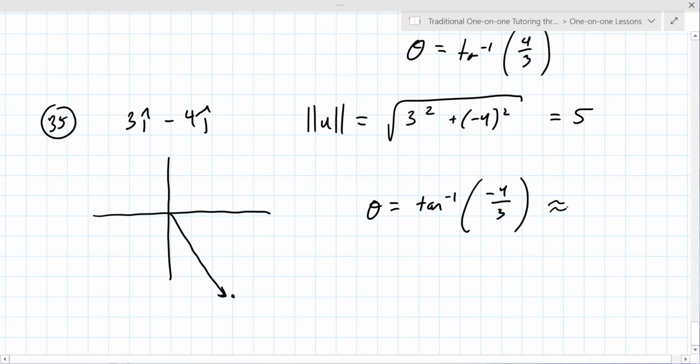Do you have your calculator handy? It's negative 0.927. You've got to be in degrees. That's in radians. Oh, you're right. Okay.